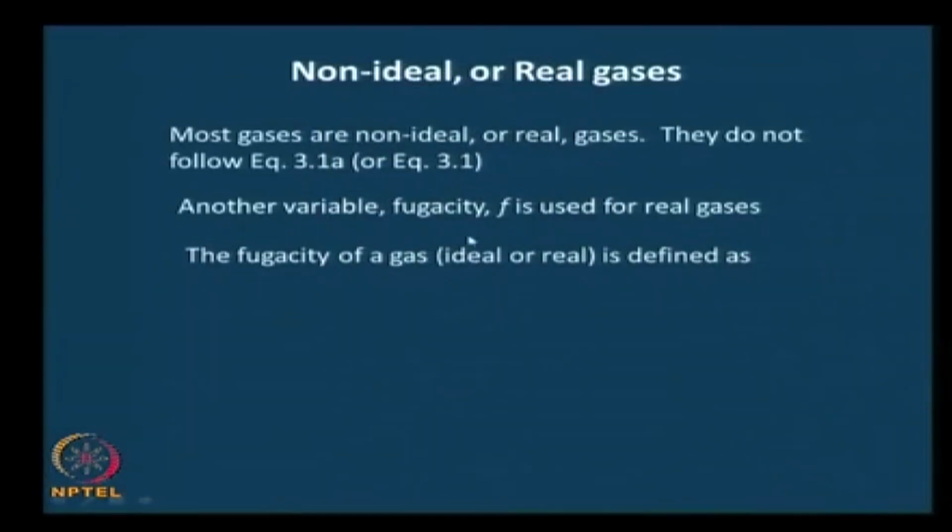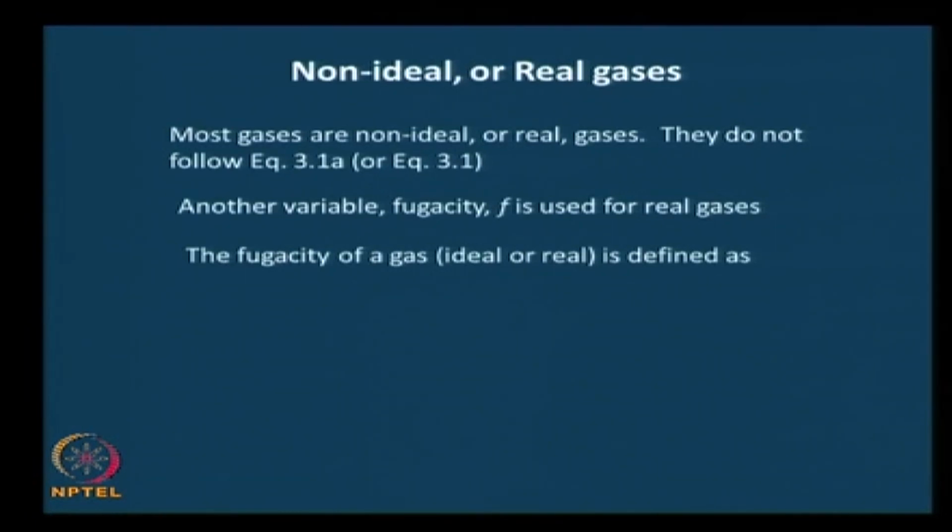The fugacity of a gas, in fact fugacity is a little general. If we are going to define it for real gases, it should be applicable to an ideal gas in the limiting case. That is always the case. Whenever you generalize, it should also take care of a special case.